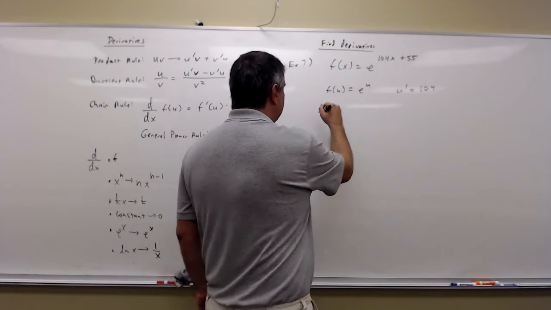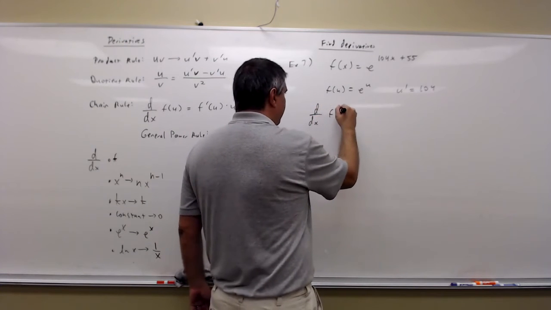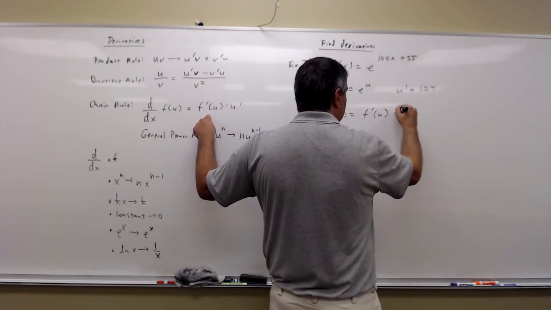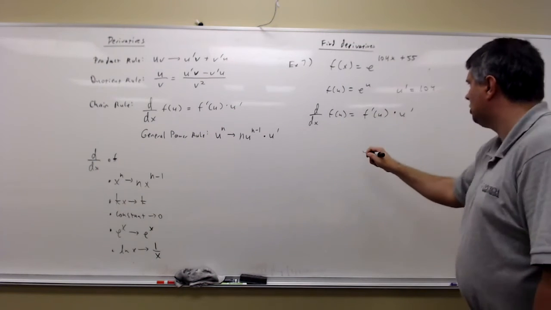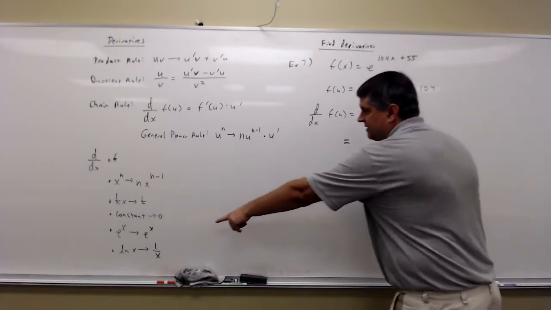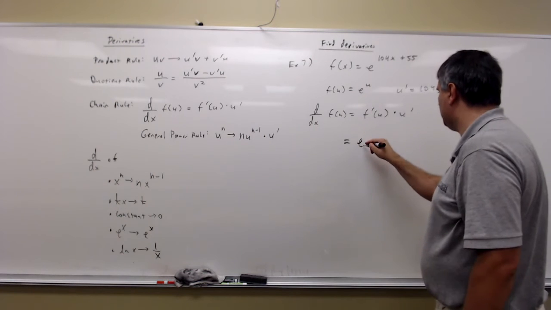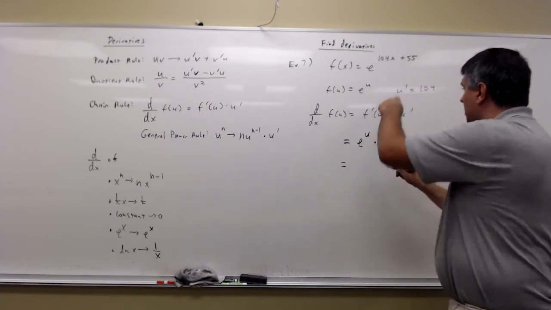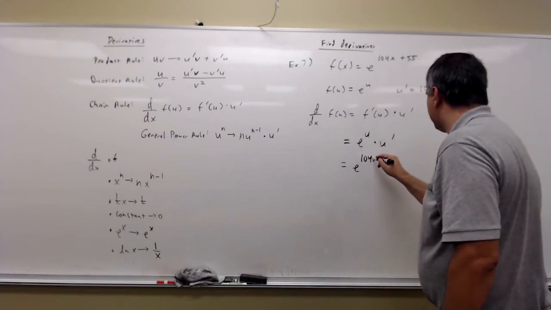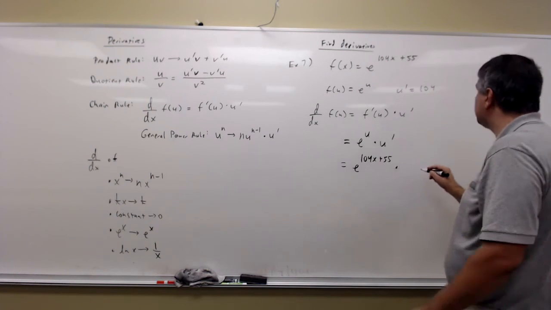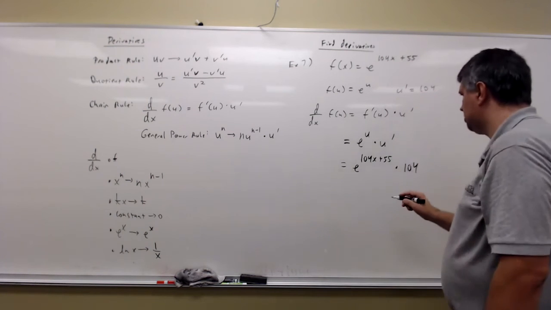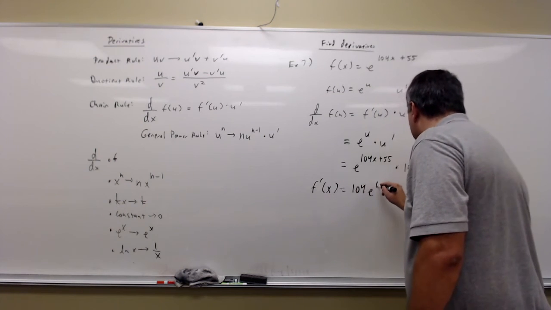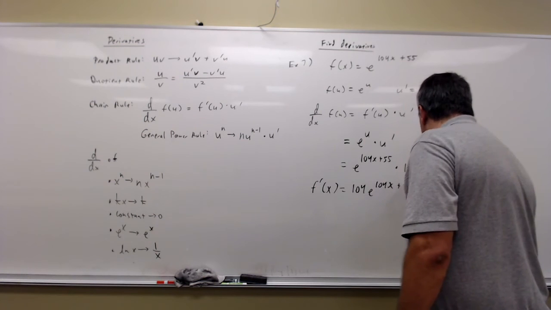Okay, so d dx of f of u equals, according to chain rule, f prime of u times u prime. The derivative of e to the u would be e to the u times u prime. So f prime of x is 104 e to the 104x plus 55th power.